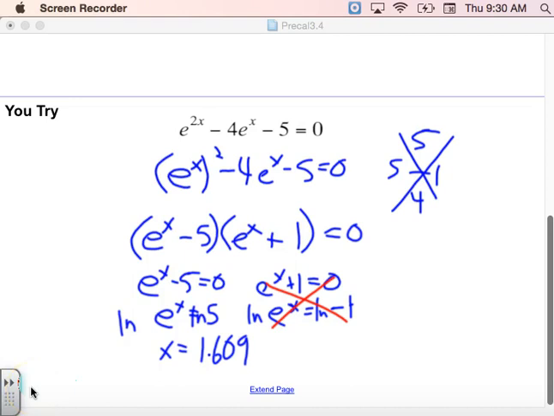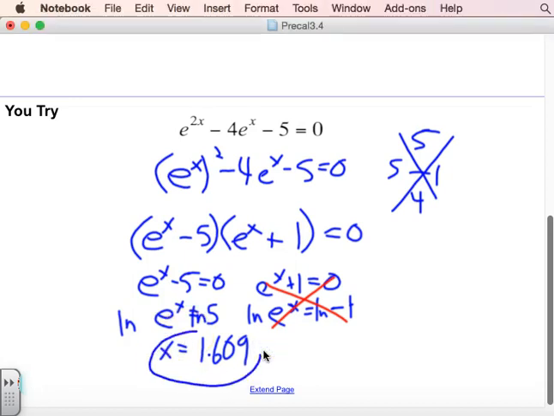All right, so on this one, something interesting happens at the end. Once we set each factor equal to 0 and solve, we get one answer, 1.609. But when we try to solve the other one, we're going to get an error on the calculator whenever we type in the natural log of -1. So when that happens, that means you just have that one answer. The other one is an answer that doesn't work because you can't take the logarithm of a negative number.